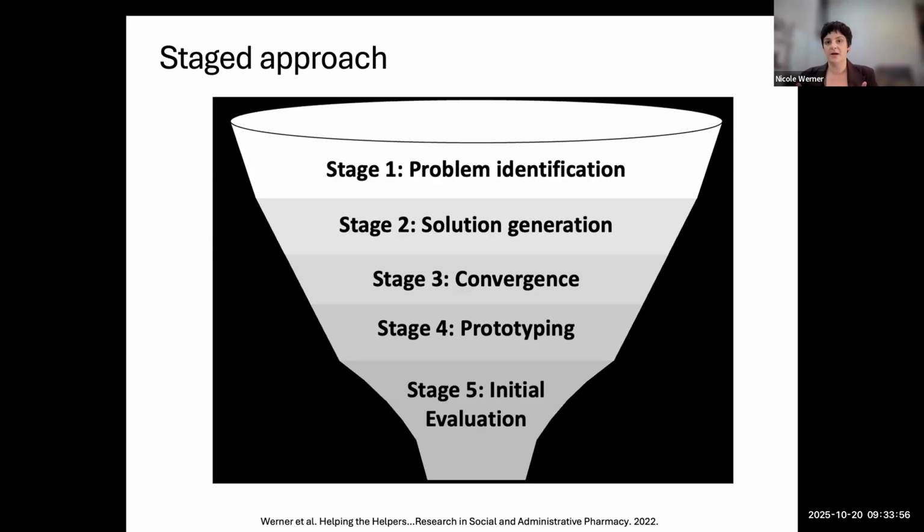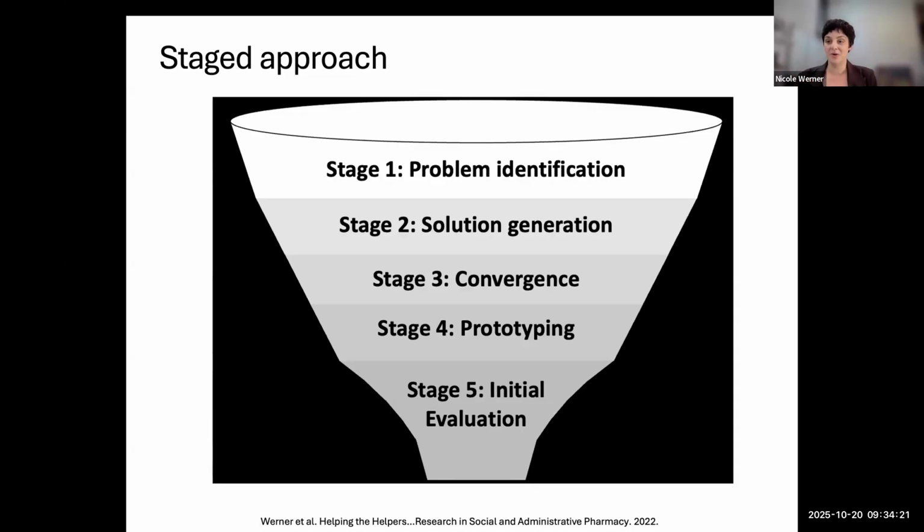I also want to point out that we've used this process for many different things, right? It can be an actual tool. It can be a toolkit, like an implementation toolkit. It can be a process. You can co-design a process, a set of strategies, lots of different things in this design funnel.